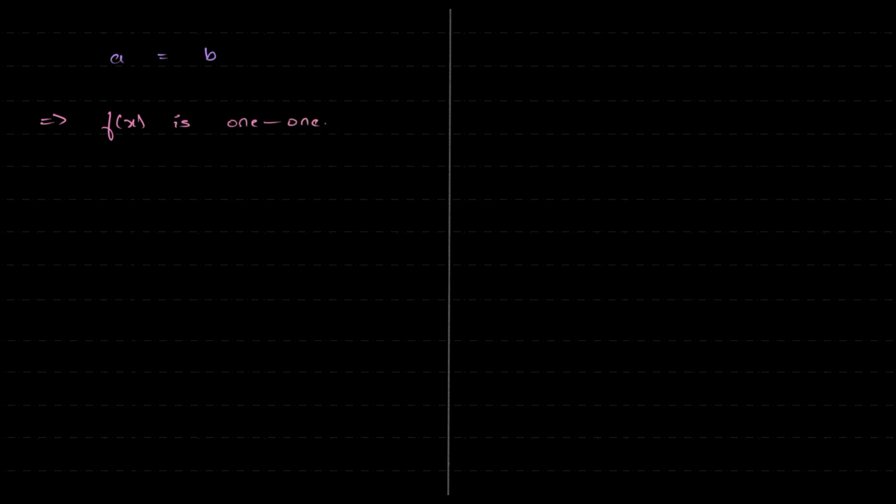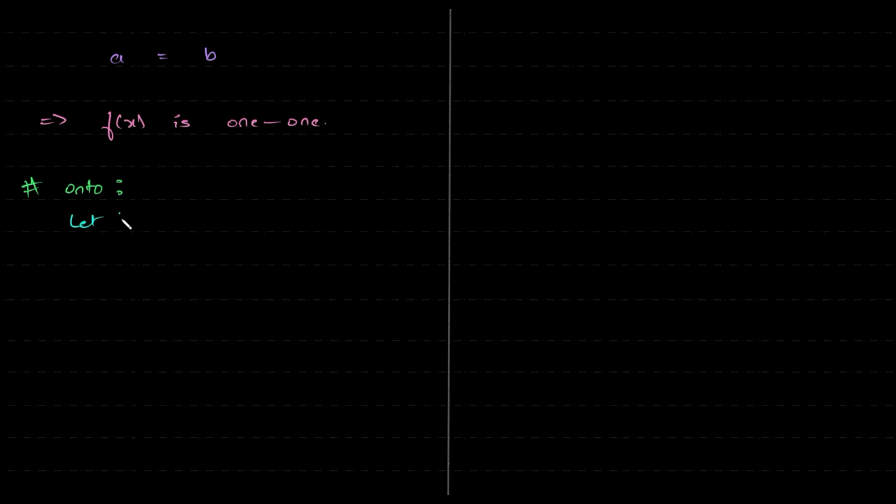So one-one is quite simple. Onto is also simple, just that we have a bit of complication over here. We'll start off this way.